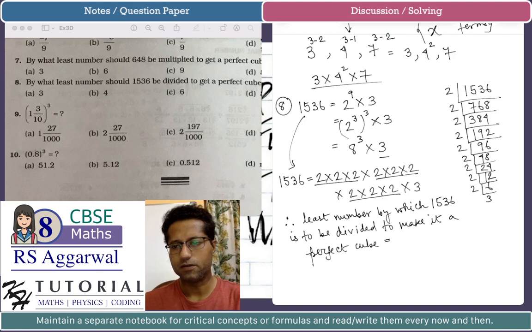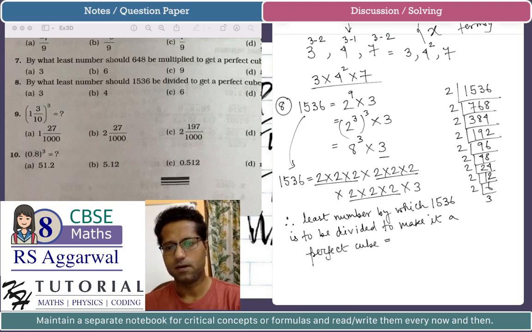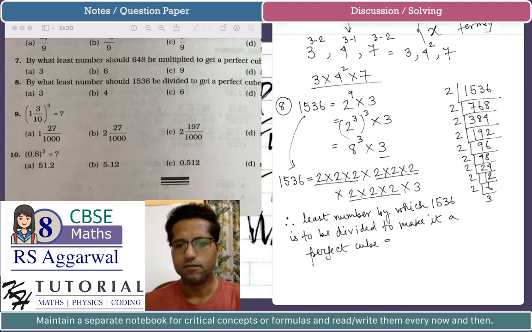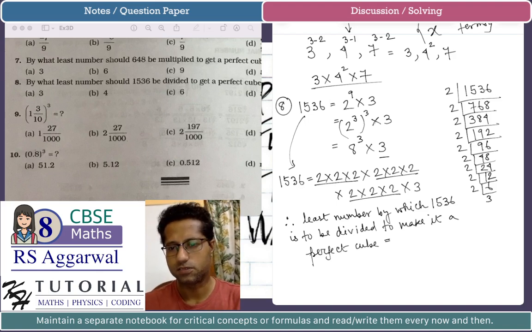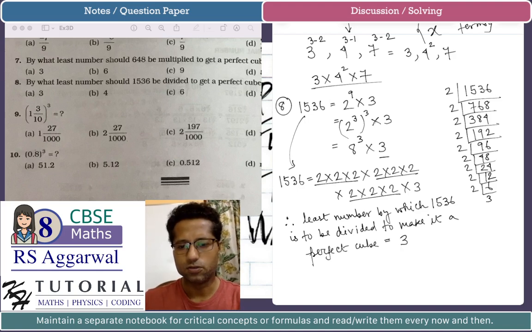In the prime factorization of 1536, the only factor which is not part of a triplet is 3. So the least number by which 1536 needs to be divided is 3.